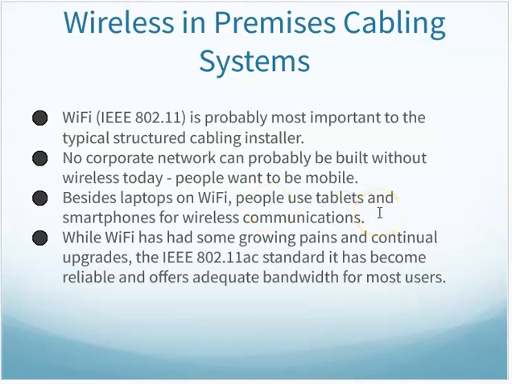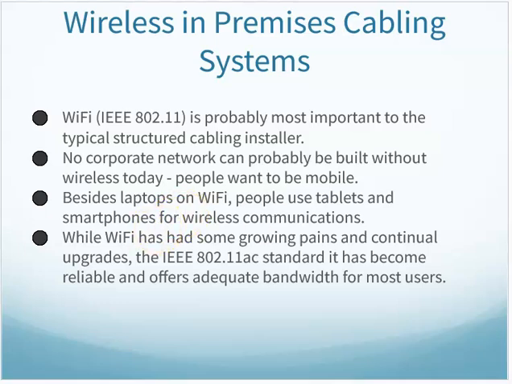802.11 Wi-Fi is probably the most important for structured cabling. Pretty much no corporate network is going to survive without some type of wireless network, because a lot of people are not sitting behind a desk. A lot of people are using a laptop as their main piece of equipment as they're doing their job.